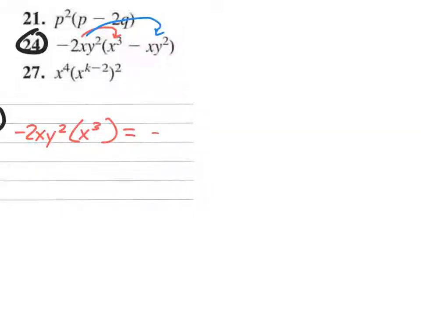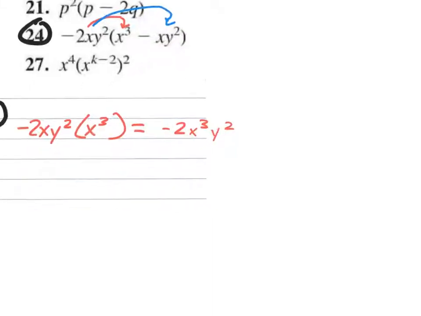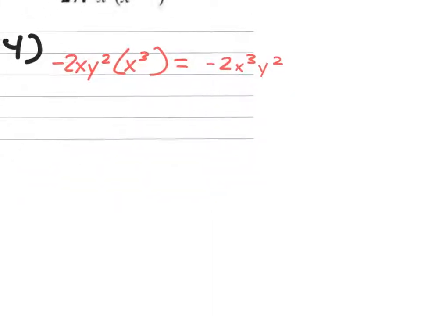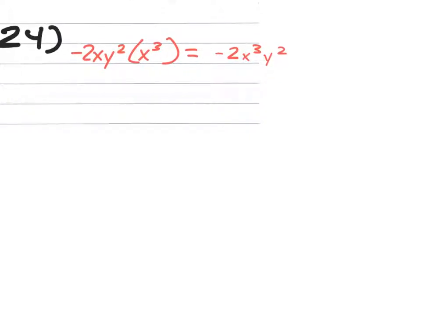negative 2x to the third power, and then the y to the second power. So wait, it didn't change at all? The first thing didn't change at all? Oh wait, like we got an x to the... oh no, I see, it did change. The x changed, but the y didn't. So, interesting. I don't know that I would agree with 100% of that, but I feel like it's pretty close.